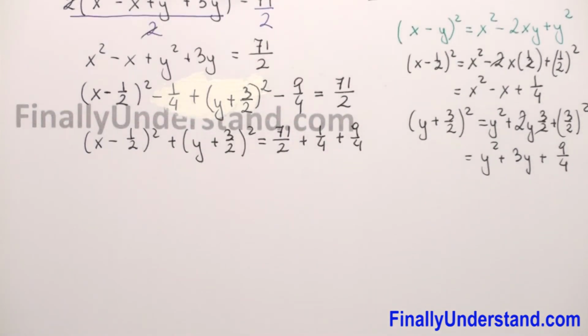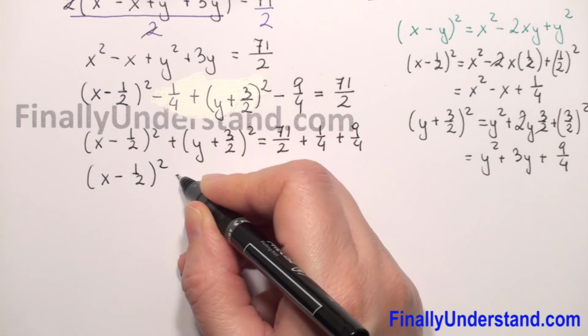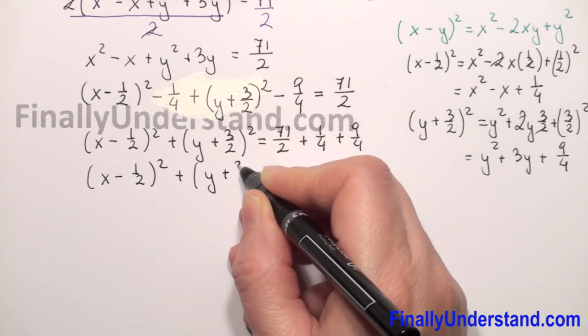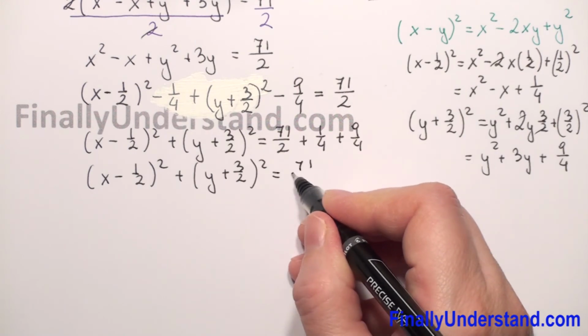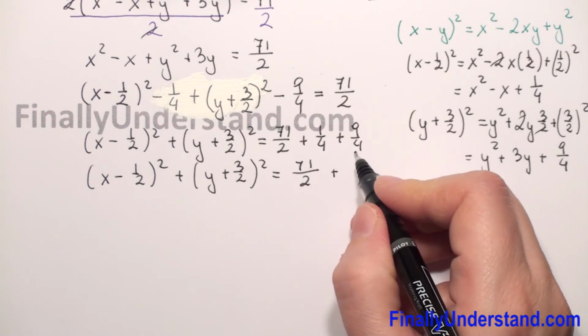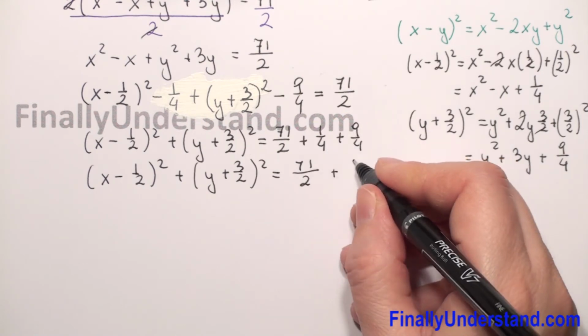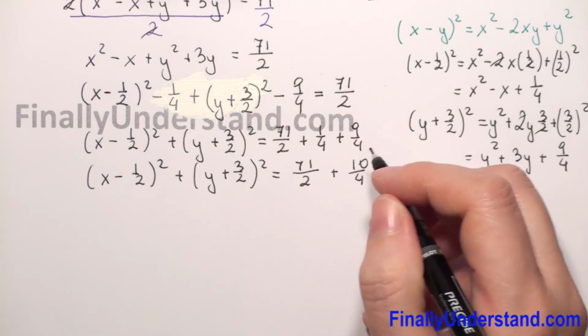Left side we will rewrite. We have x minus 1/2 to second power plus y plus 3 over 2 to second power, and we have 71 over 2 plus the same denominator, so will be 1 plus 9 is 10 over 4. To add these two fractions we need the same denominators.